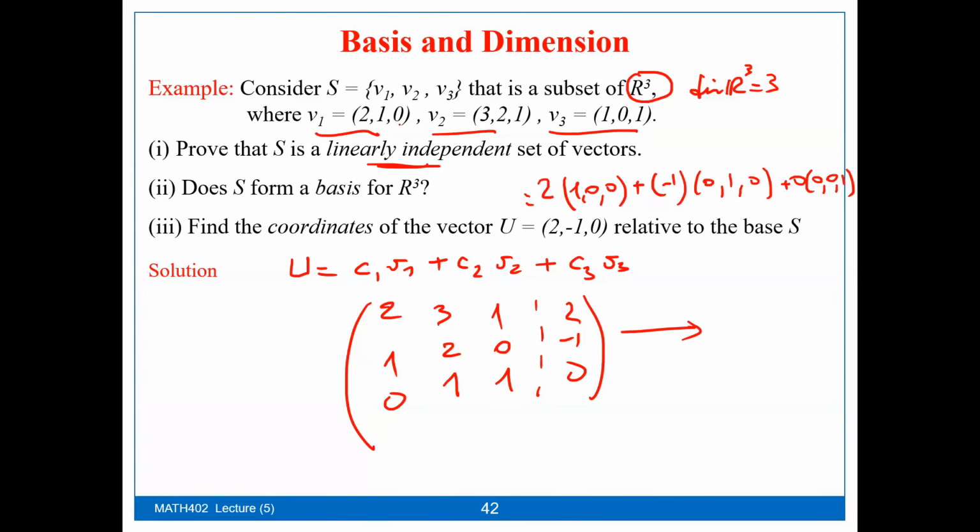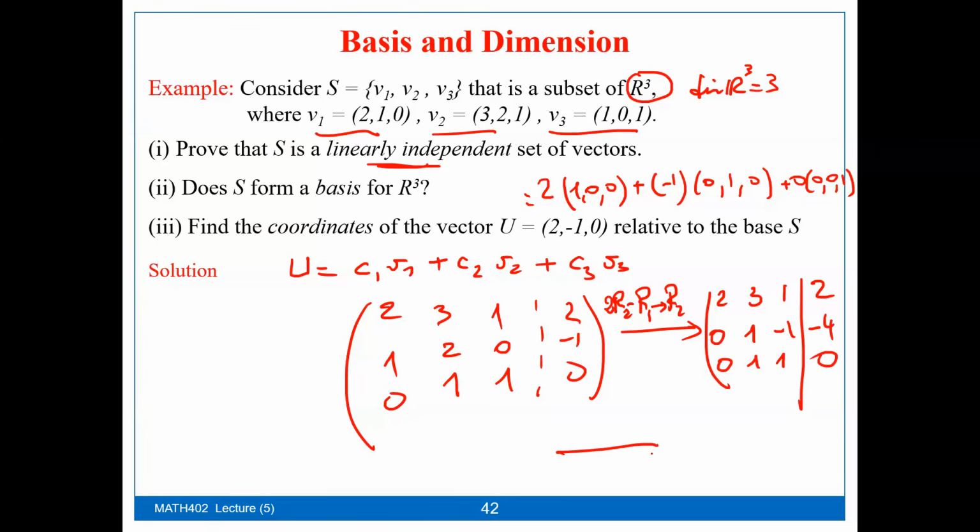Okay, this is the standard base. Here we have a different base, so we'll have different coefficients. For example, if we do 2R2 minus R1 into R2, we'll get 2, 3, 1, 2, then 2 minus 2 is 0, 4 minus 3 is 1, minus 1, minus 2 minus 2 is minus 4, so 0, 1, minus 1, minus 4.